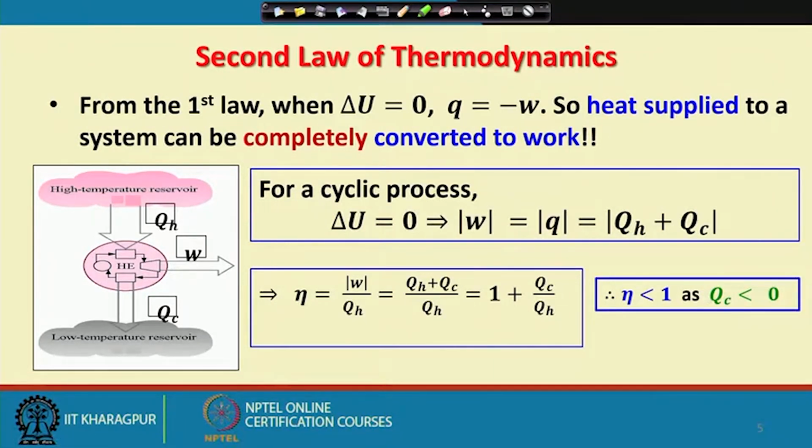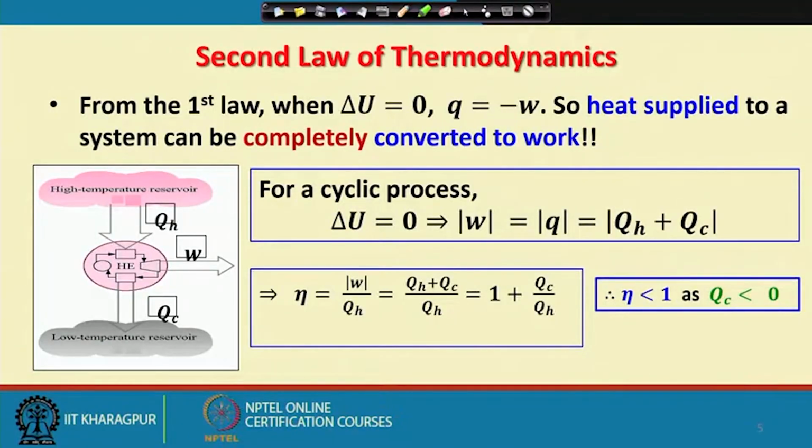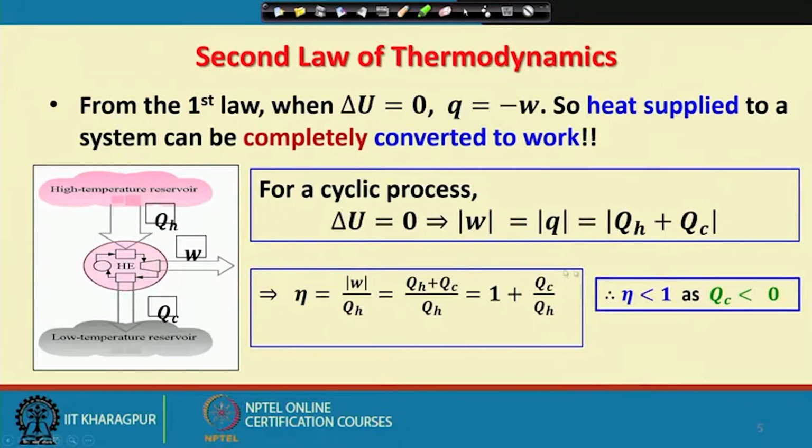Why is that so? That is because QC is the amount of heat rejected by the heat engine to the low temperature reservoir. Therefore, by the sign convention that we have adopted here, it is a negative quantity, and if QC is negative, then this is going to be less than 1 because of the presence of a fraction with a negative sign here.